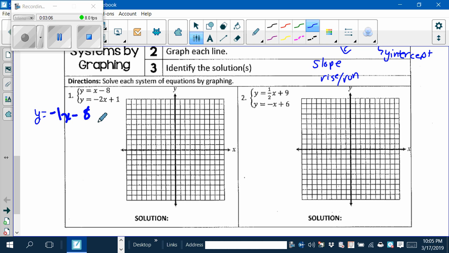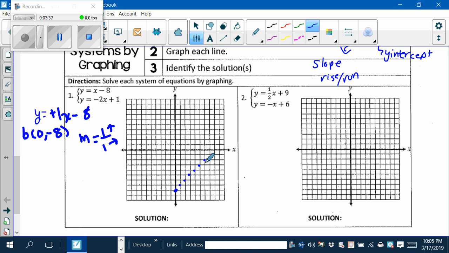I start at the y-intercept, the point (0, -8), right? So that's right here. And then I use my slope, which is positive 1, I'm sorry, not negative, which is 1 over 1. So from each point, I go up 1 and over 1, and I keep going.